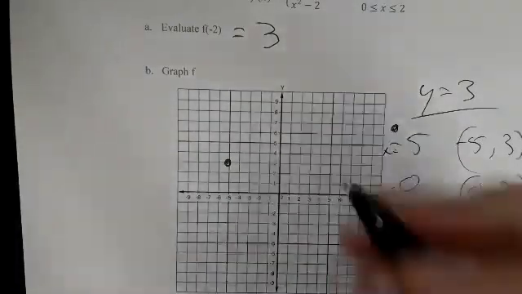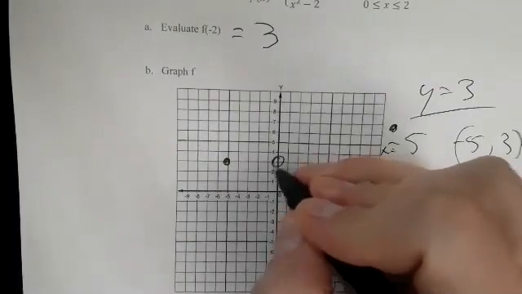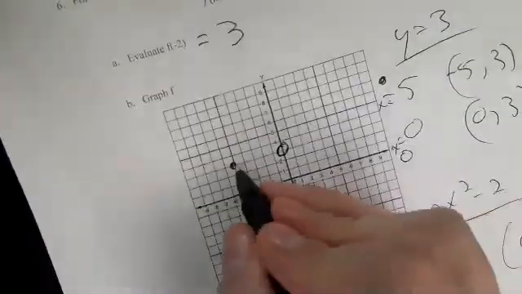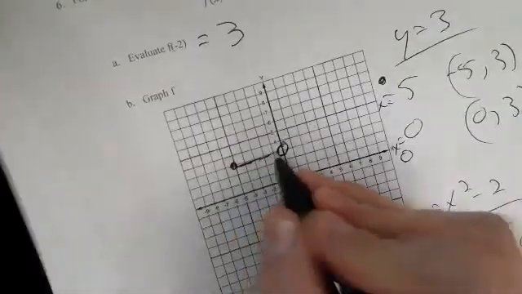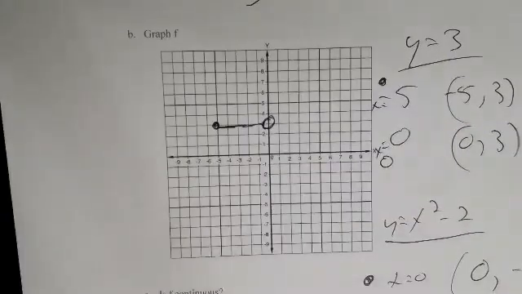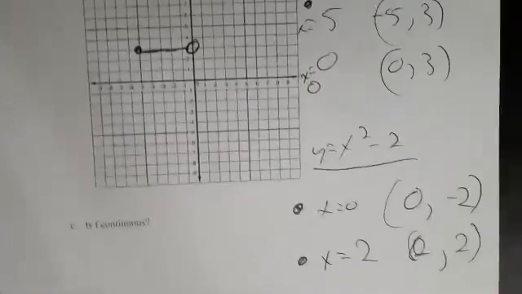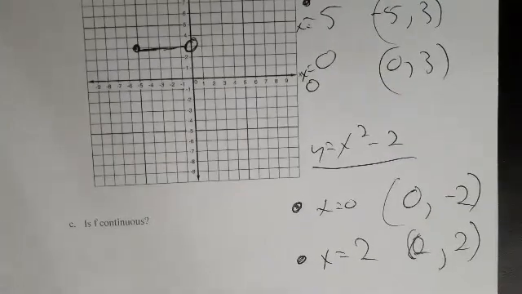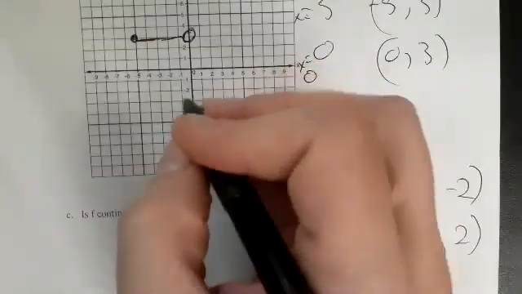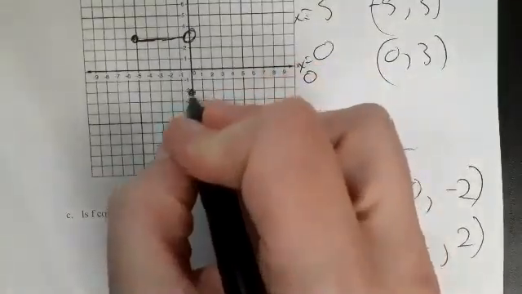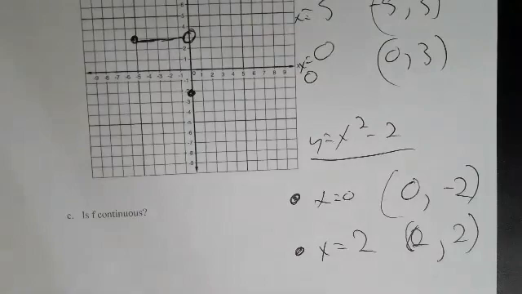I want to graph 0, 3, and make it open. Between that one, I have this other one. Look over here. X equals 0 gives me 0 minus 2 is the point I want to do. And I want to go up to 2, comma 2.